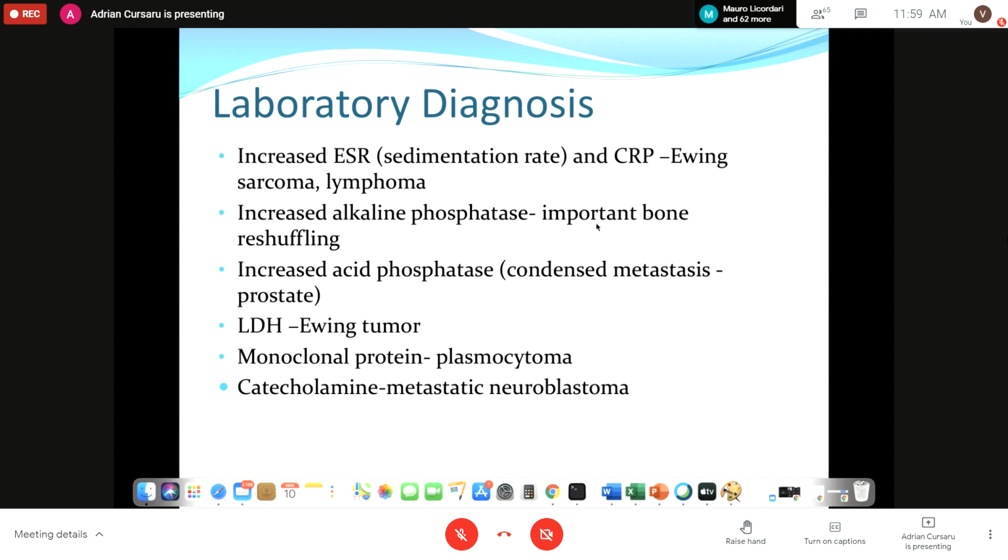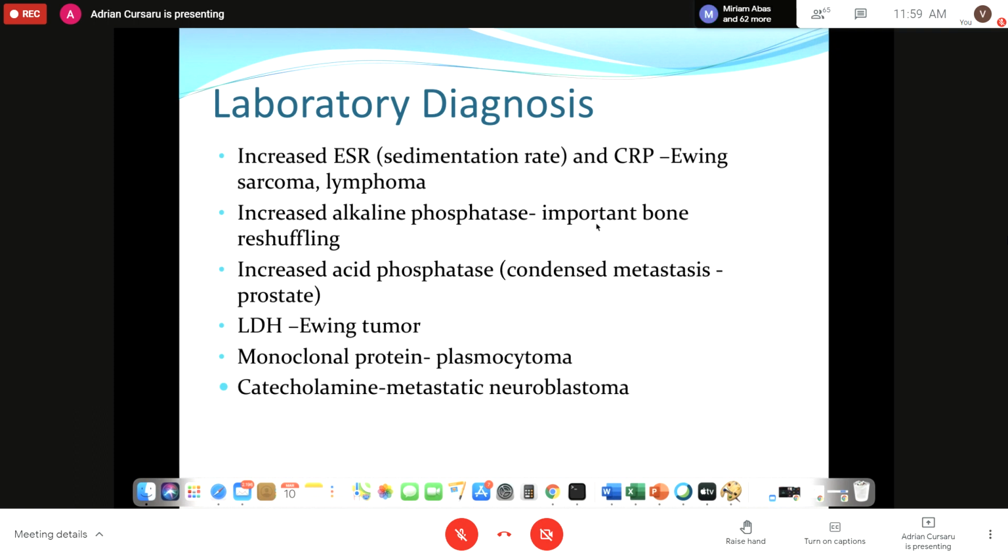Other laboratory abnormalities are represented by increased alkaline phosphatase that appears in osteolysis of the bone. It could appear in bone tumors that have an osteolysis aspect on X-ray or CT scan.